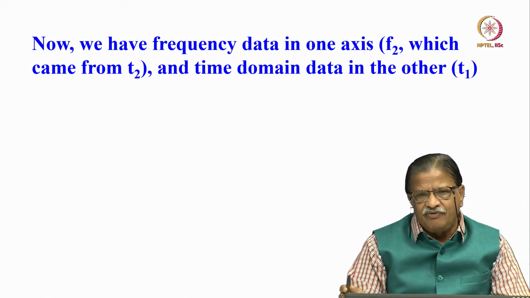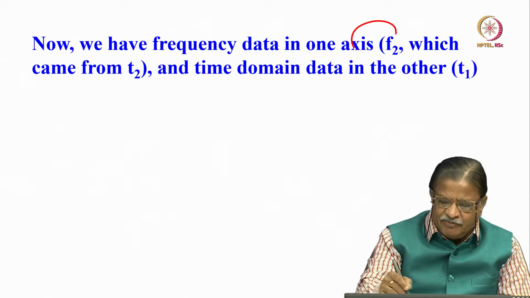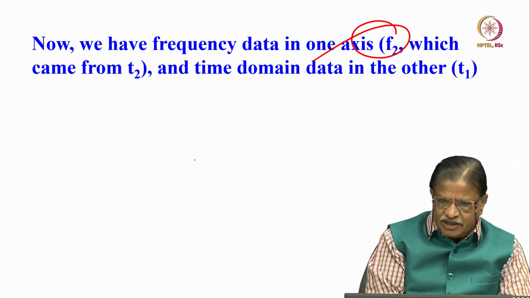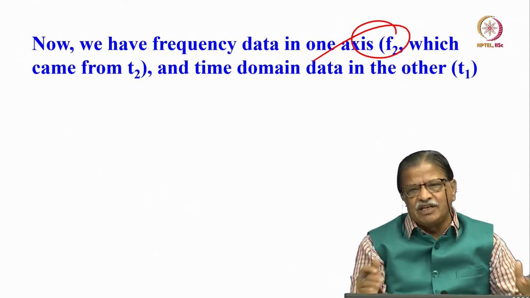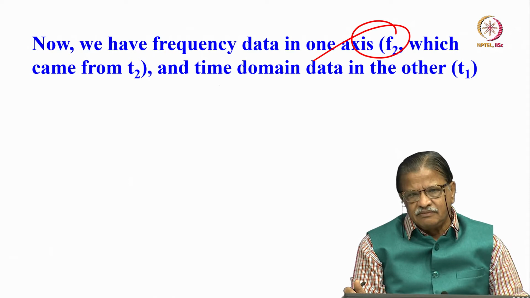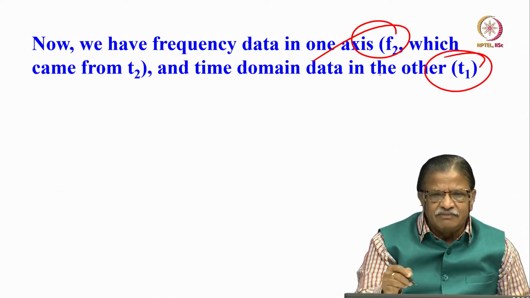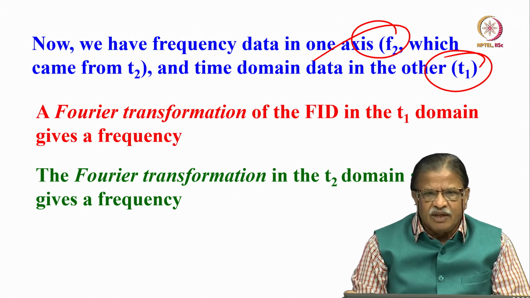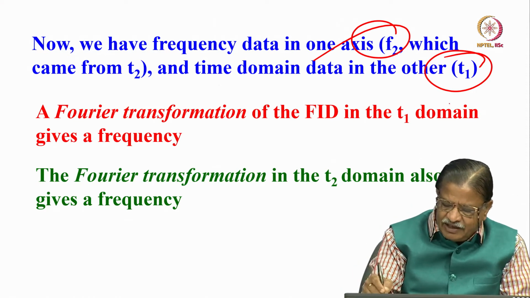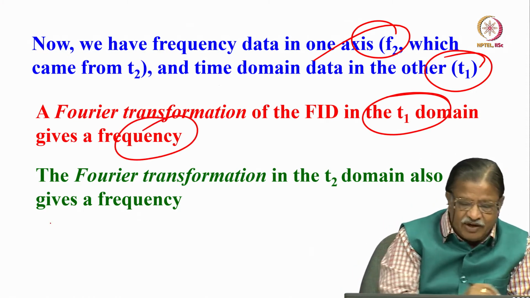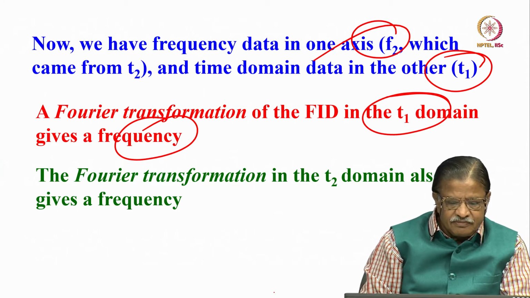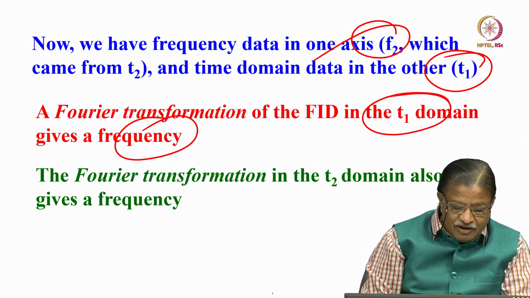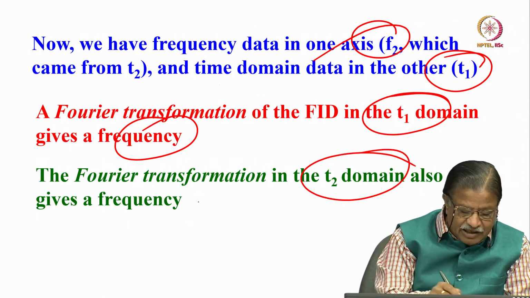Now we have frequency data in one axis when you do the Fourier transformation in T2, similar to your conventional 1D NMR, and the time domain data in T1, that is the pseudo FID you have created. So Fourier transformation of the FID in the T1 dimension gives one frequency, and Fourier transformation in the T2 dimension gives you another frequency.